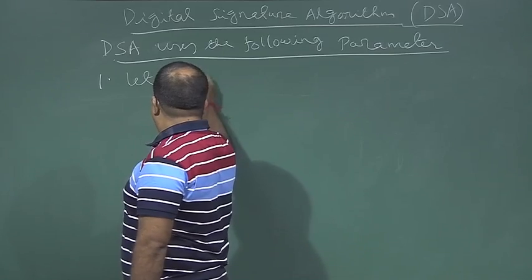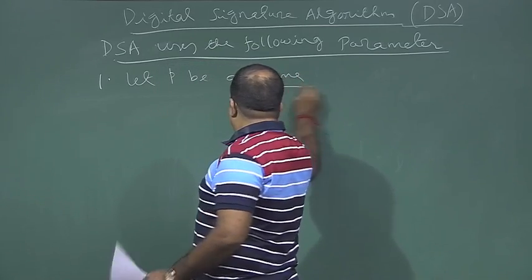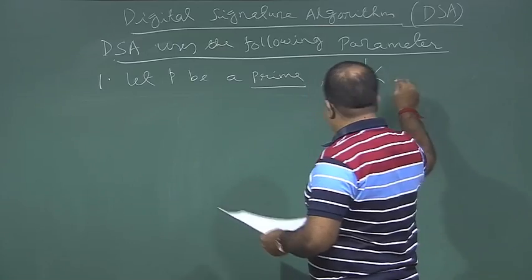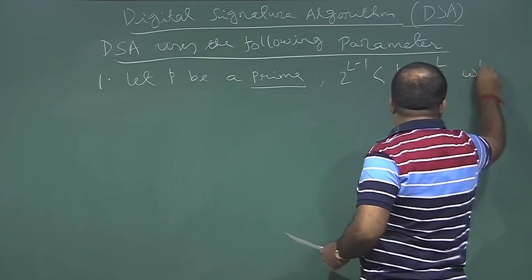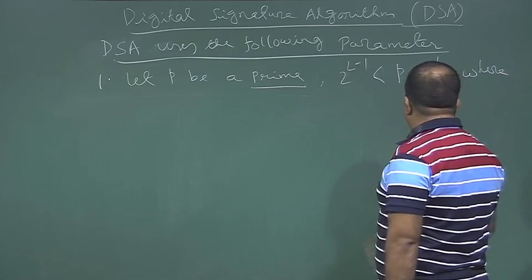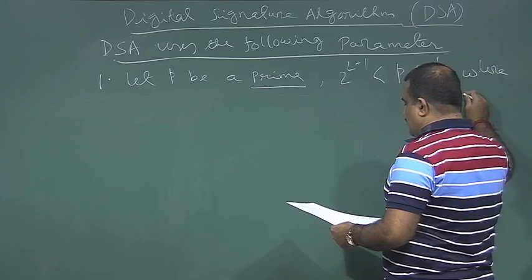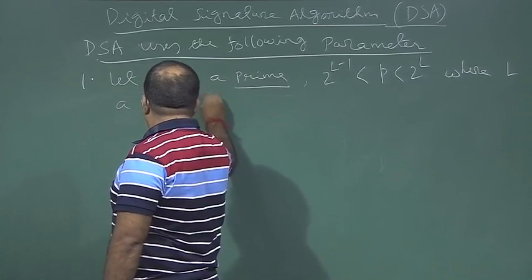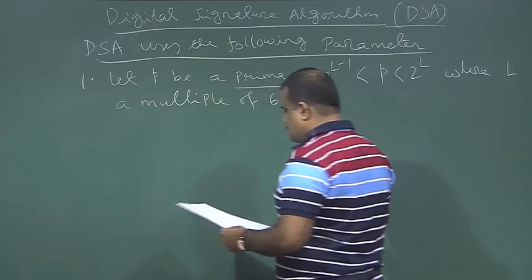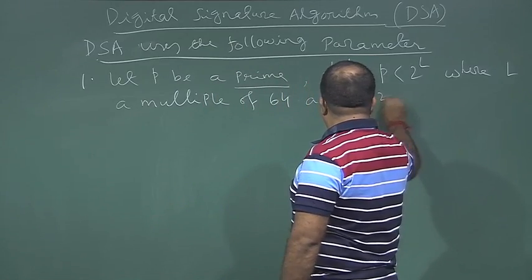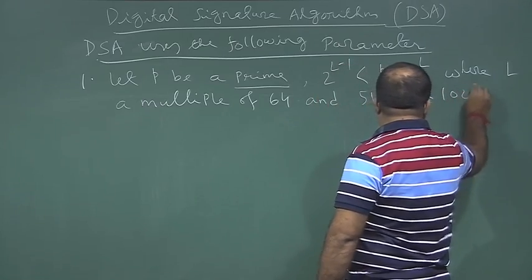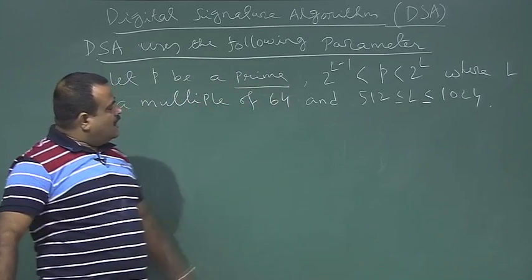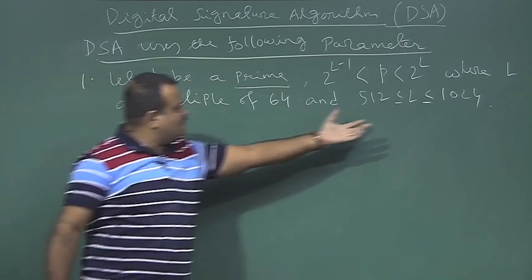Let p be a prime such that 2 to the power l minus 1 is less than p, which is less than 2 to the power l, where l is the number of bits. Here l is a multiple of 64, and l is taken from 512 less than or equal to l less than or equal to 1024. So p is a large prime, an l-bit prime, and l is a multiple of 64.